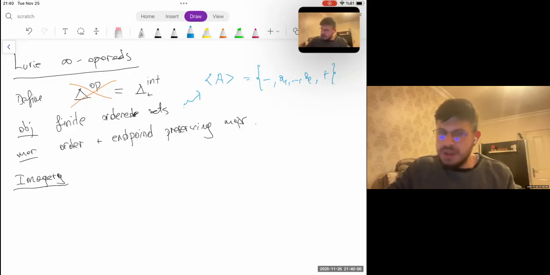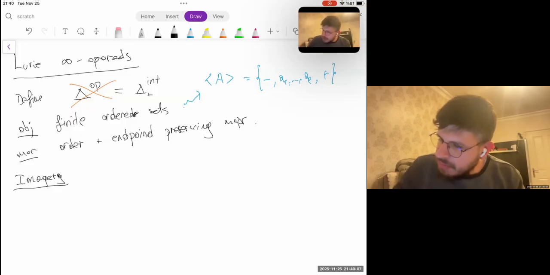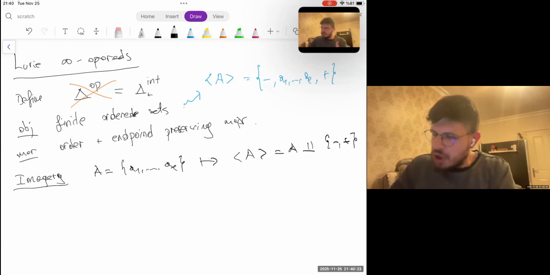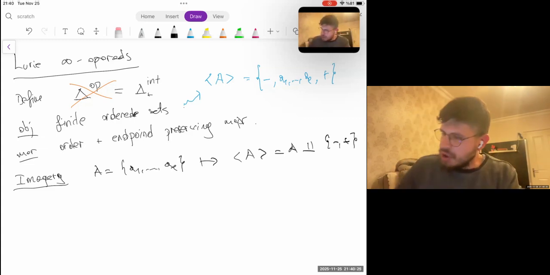So when I use this bracket notation, I have my A here, which is an ordered set consisting of the elements inside, and I produce this by adding the two endpoints.